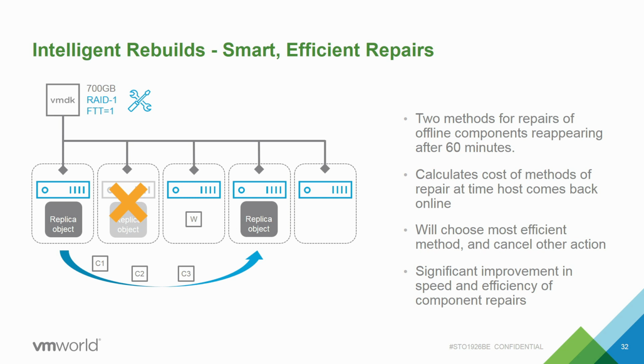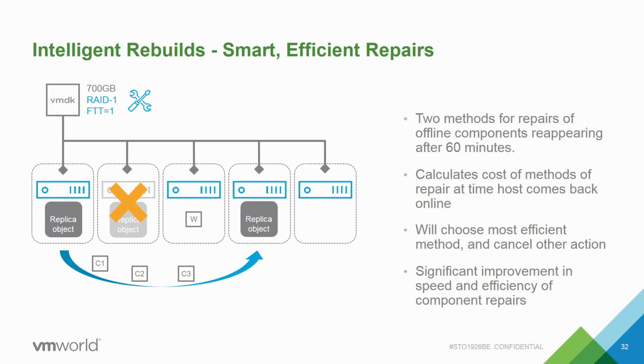Well, what would happen is that maybe you might have a host that went down for a period of time, but it would come back up during the time in which the rebuild was still occurring. Well, that presented a problem, because now you had this rebuild that no longer needed to continue, yet the host came back.